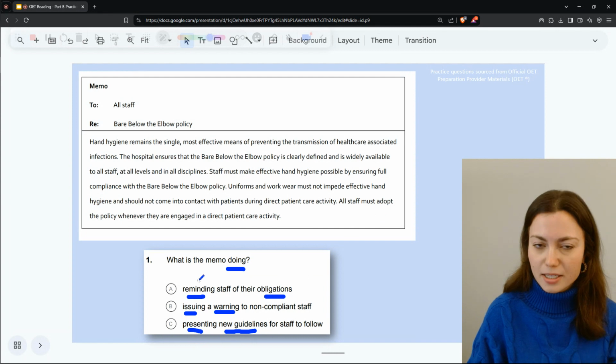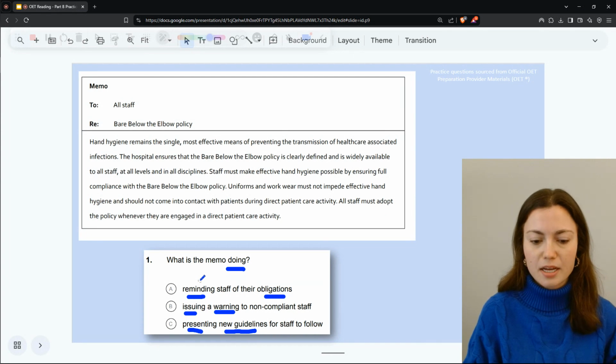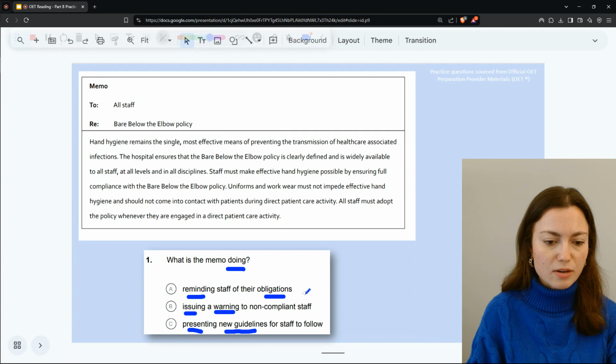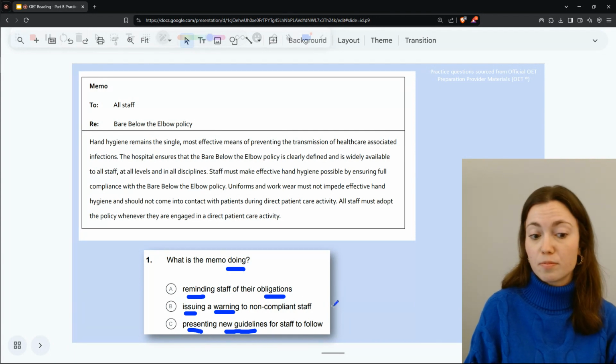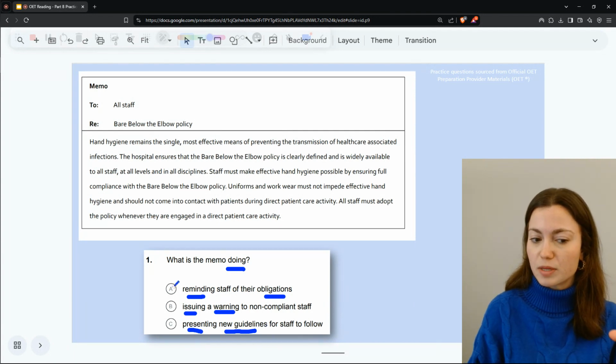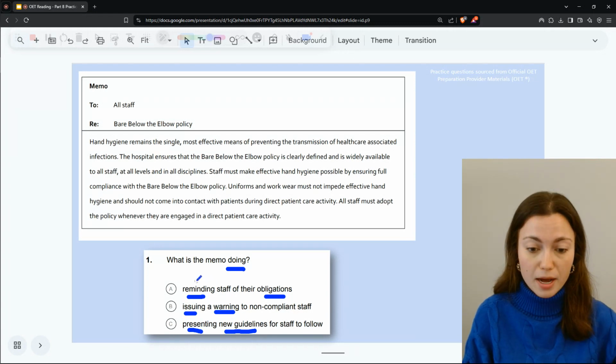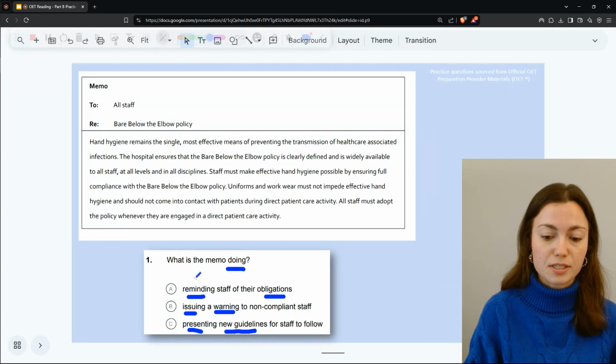Now, when you see the words "reminding staff of their obligations," the key thing to note is the staff should already know something, and that will help us rule out whether it is A, B, or C, especially the contrast between A and C. So presenting new guidelines versus reminding staff of their obligations.